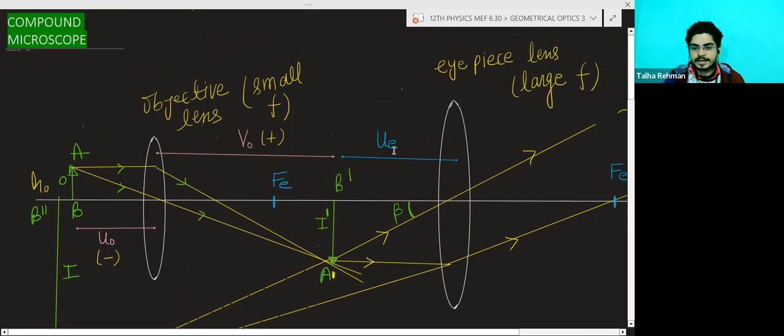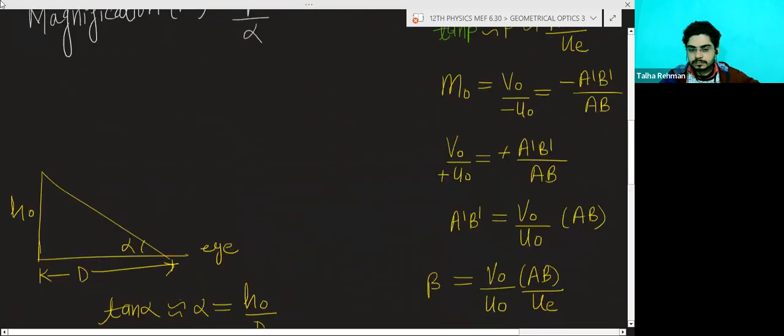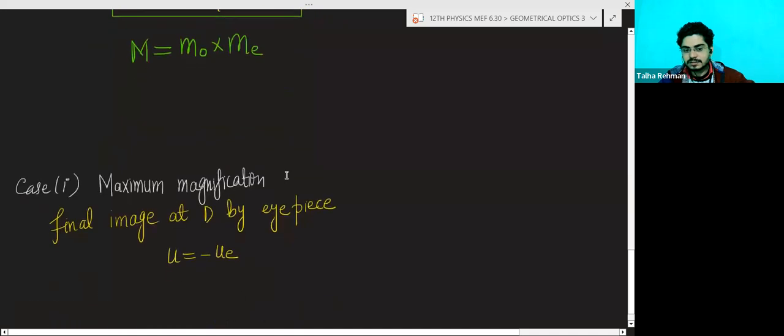This distance you will take negative, because this is in the opposite direction. You will measure the distance in the opposite direction of the incident light.